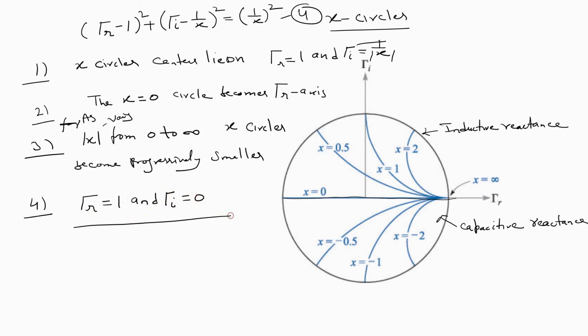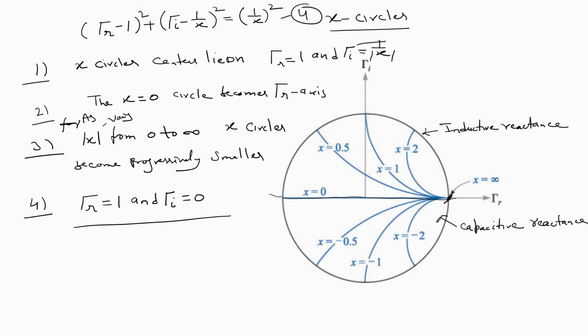So for all the circles, gamma r is equal to 1, this is a point here, and gamma I is 0, which is this complete axis. So this is all about the R circles and X circles.